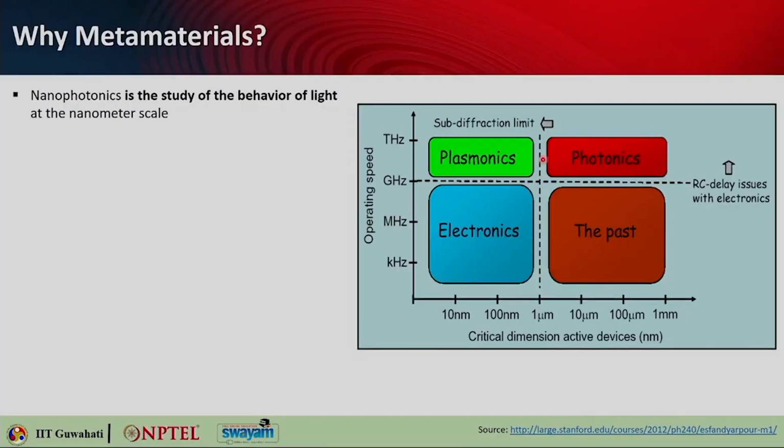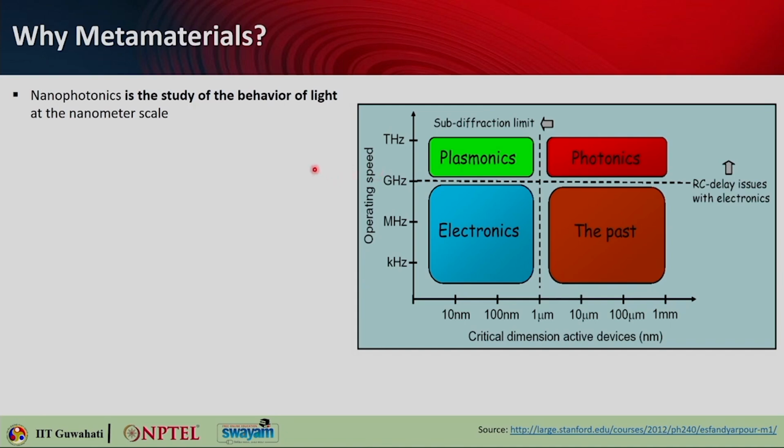That restricts the photonic circuits from being miniaturized below the micrometer scale, and that is where plasmonics came into the picture. Plasmonics is a perfect blend of both the electronics and photonics worlds, and it is a branch of nanophotonics that we have discussed.